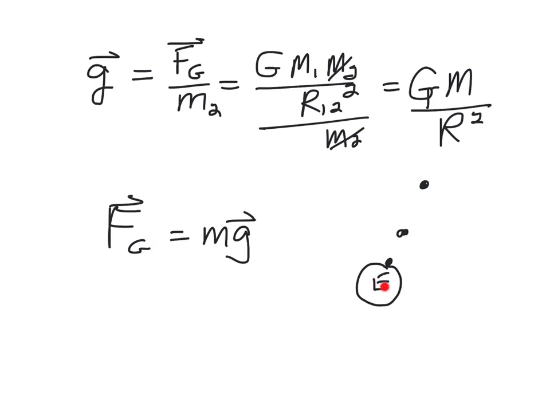This could be the moon, it could be the sun, it could be Jupiter, it could be any body, and we could find the gravitational field at any location from that body simply by using this equation. But once again, make sure that the mass is in kilograms, and the r that you're using is in meters, not kilometers or any other unit. And so the questions in question 3 can all be answered using this equation.